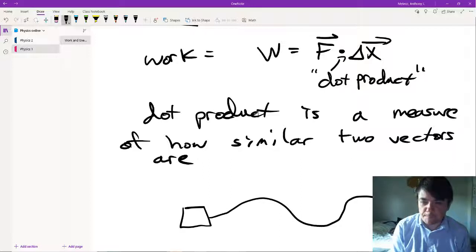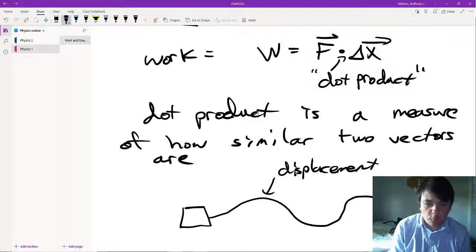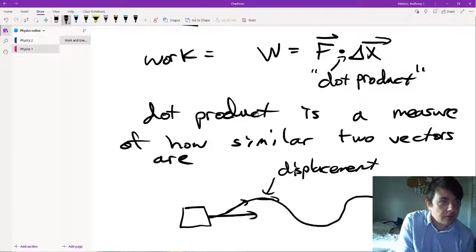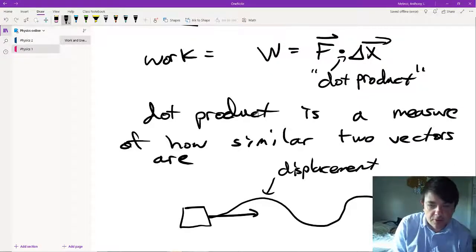Through that displacement, the force maybe is this way. How similar is this force vector to the different displacement vectors over time?